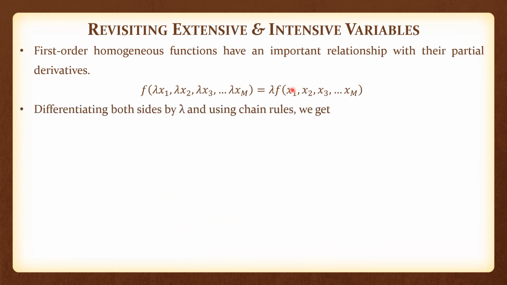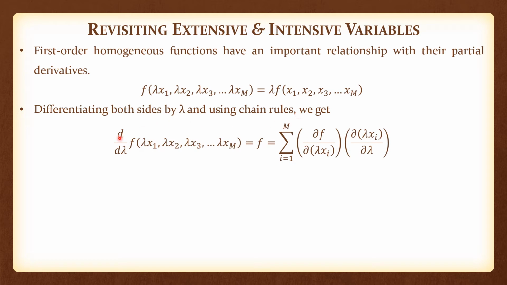Therefore, if I differentiate both sides with respect to lambda and use the chain rule, d by d lambda of this f is simply f. Why? Because this is lambda times this function, and this function is independent of lambda. So when I differentiate with respect to lambda, I simply get f. By chain rule, what does this mean?